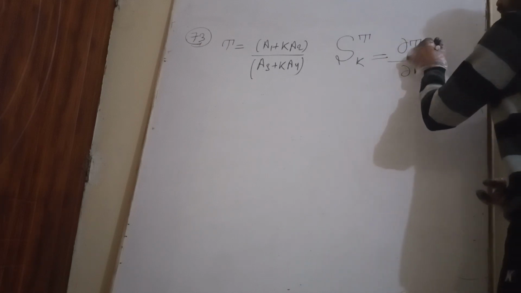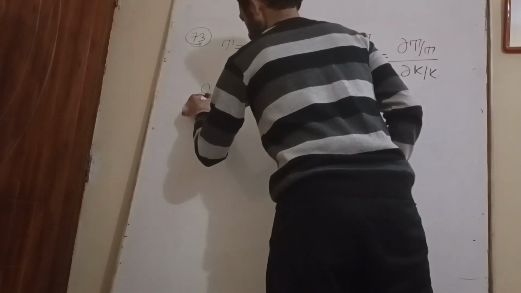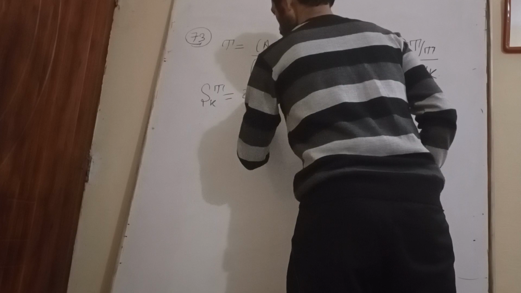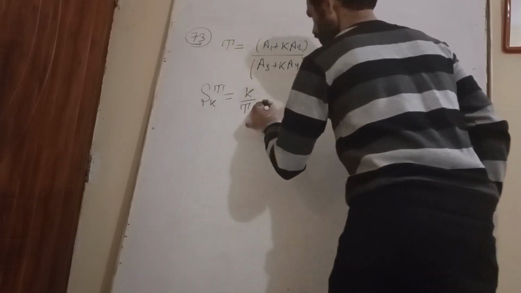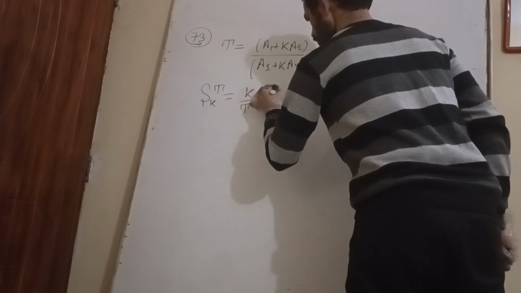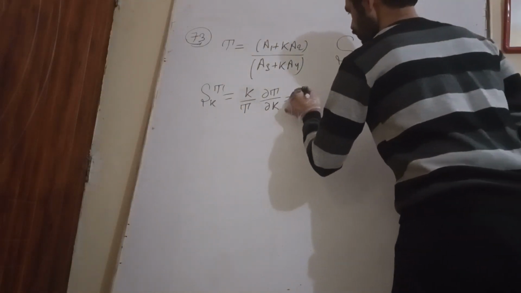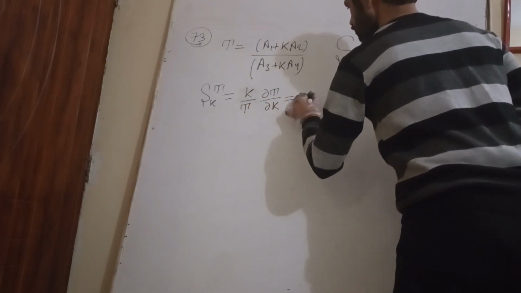So dou T by T. Now we can write this as S_k^T equal to k by T into dou T by dou k. So if you see this, how much is T? T is this, and it will come upside down.